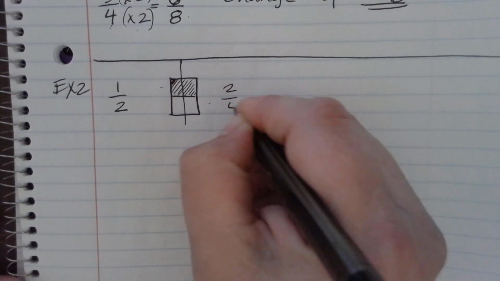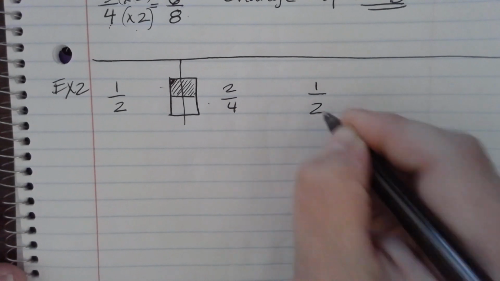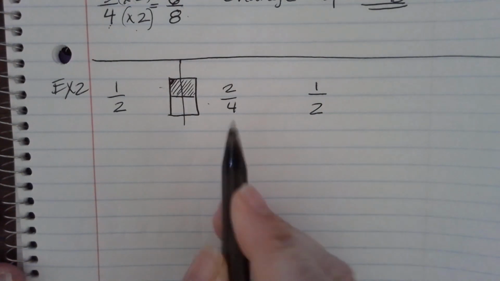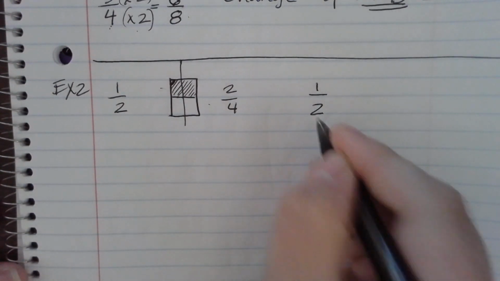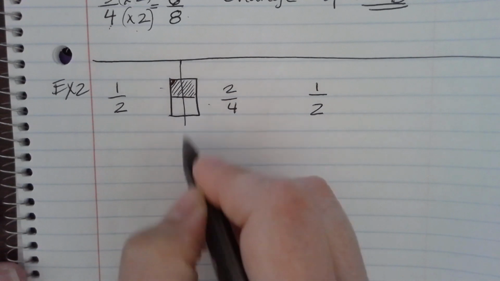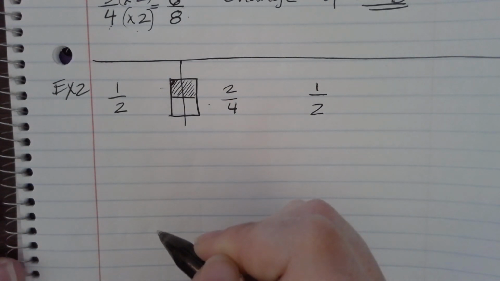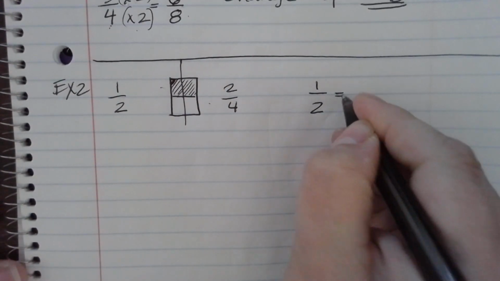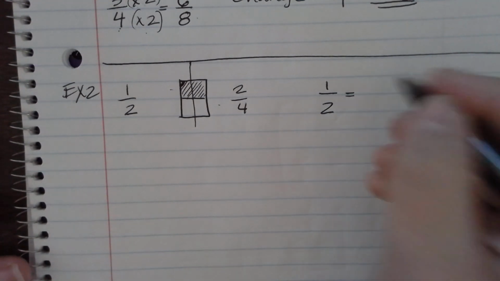2/4. Now this is going to look the same. Again, what did I do when I look at 2/4 compared to 1/2? Visually, I split that in half into 2s. Mathematically, if I'm just looking at 1/2 and I need an equivalent fraction to 1/2, I times it by 2. I just multiplied it.